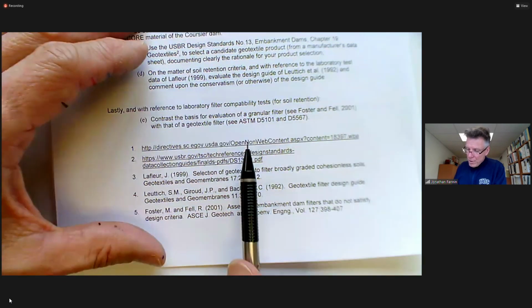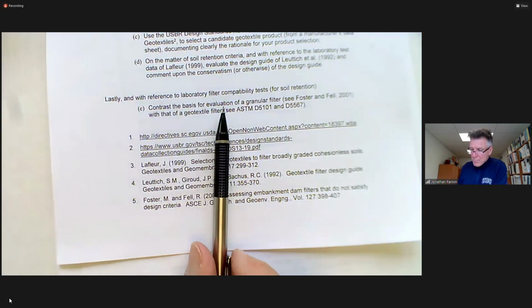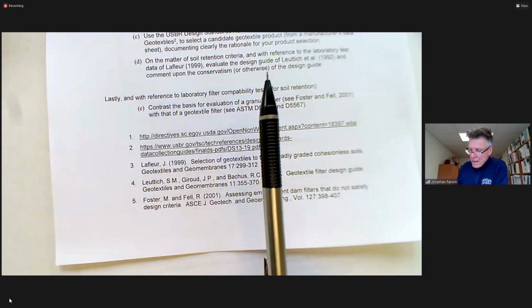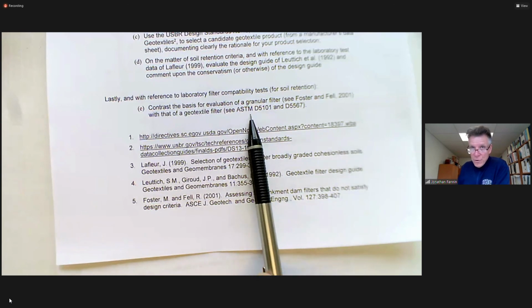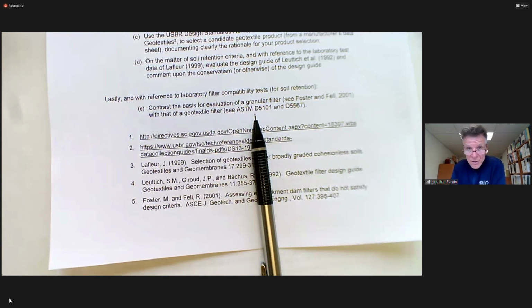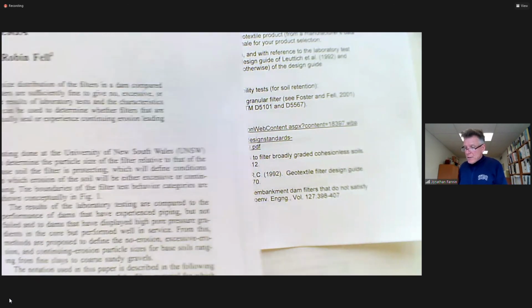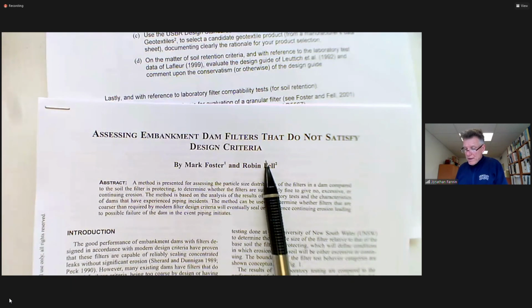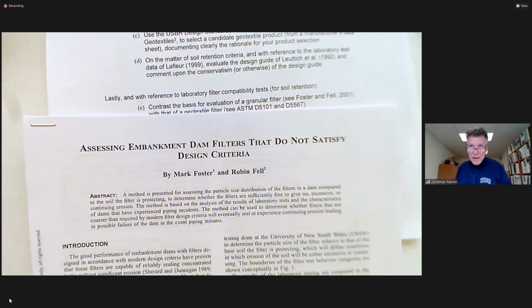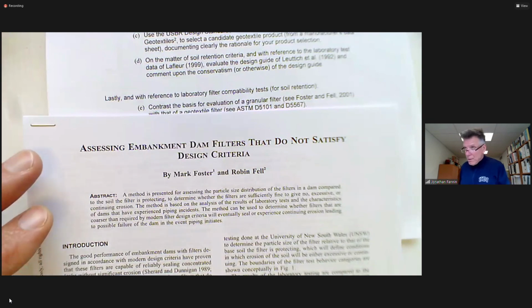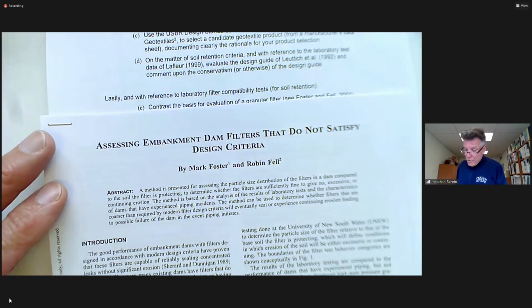And then the third part of the assignment is to ask you to compare. If you were going to test a granular filter, you'd probably check the granular filter compatibility using the Foster-Fell, and this will also take us back, Meredith, to the ICOLD Bulletin 164.